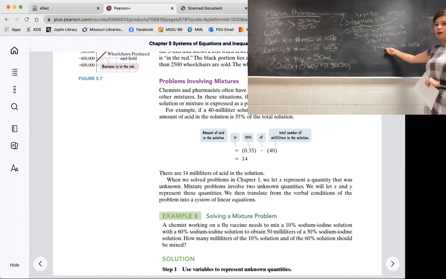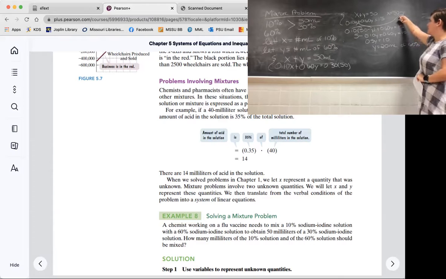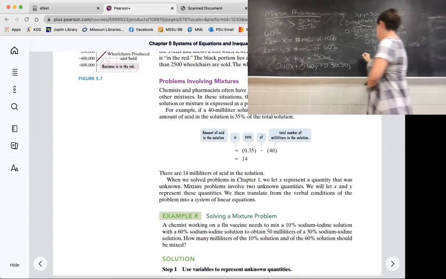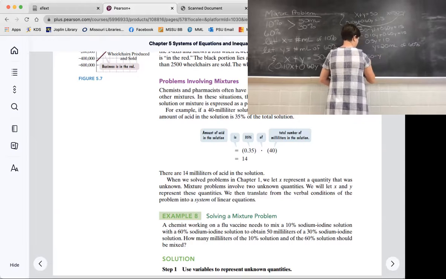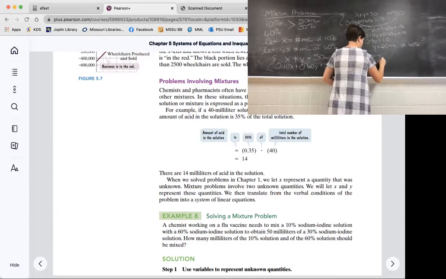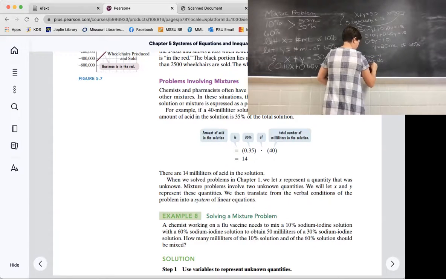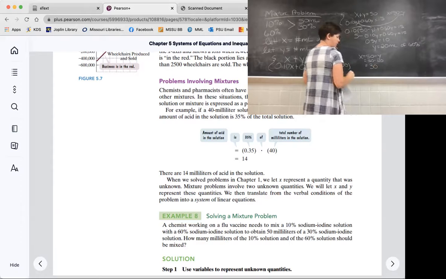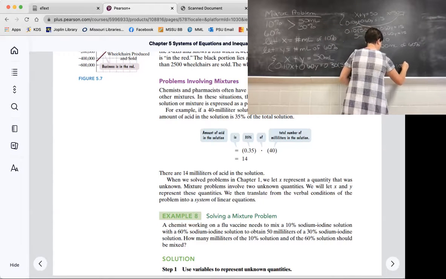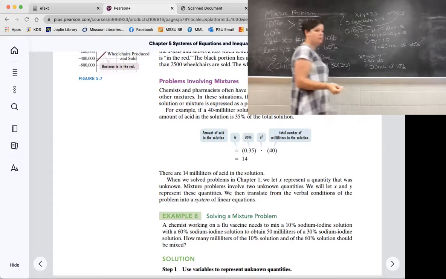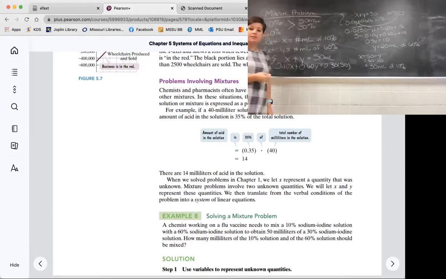Now that we know what our Y is, we can plug that in to find out what our X is. X equaled 50 minus Y, 50 minus 20, so X equals 30. And that was milliliters of 10%.